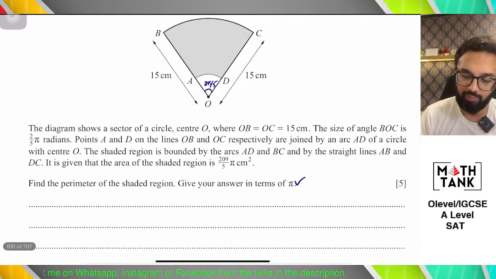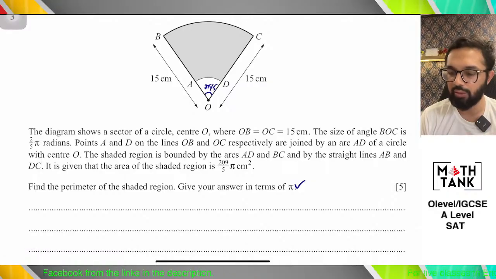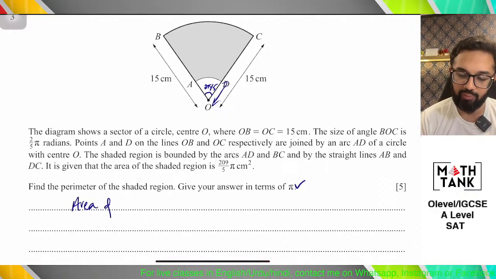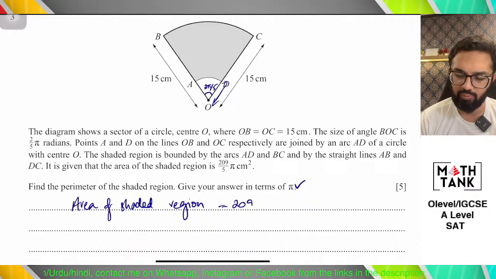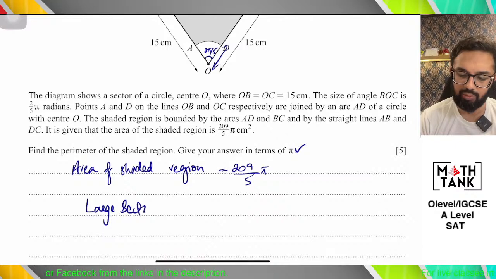So first, I'm going to resolve this by finding the radius of this sector. The area of the shaded region is given as 209 over 5 pi, and it's going to be large sector minus small sector.